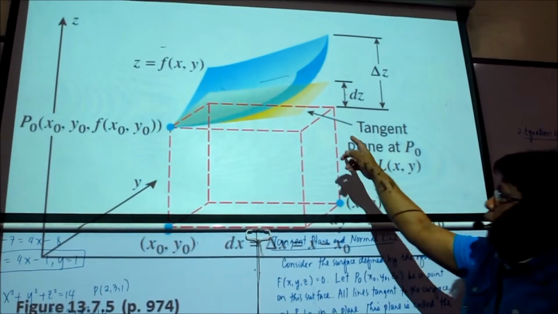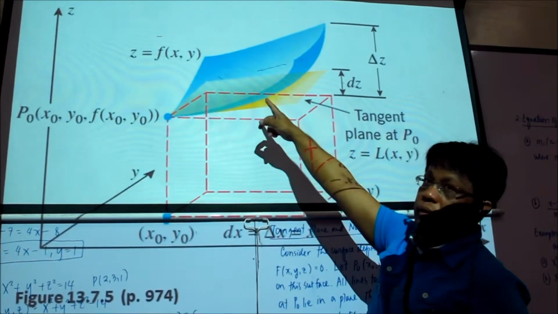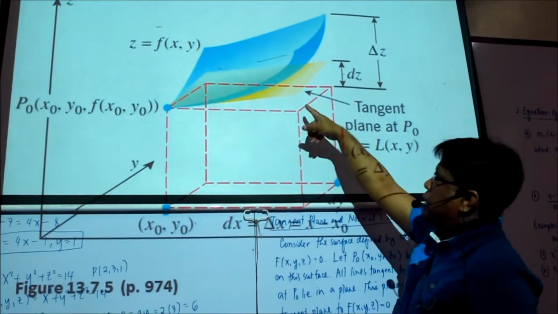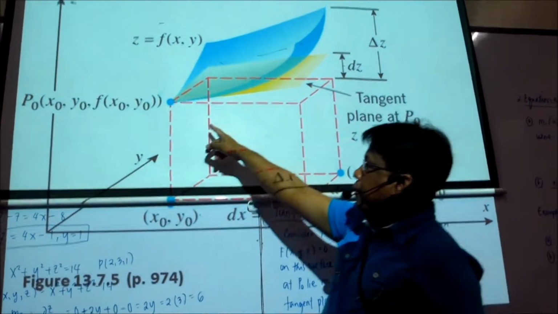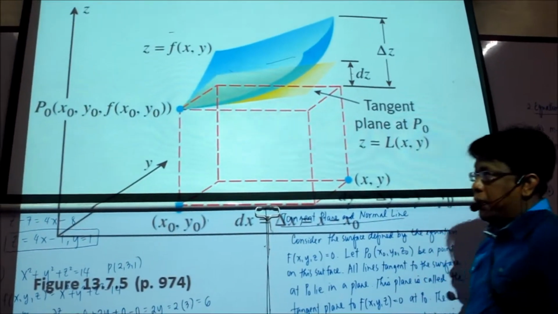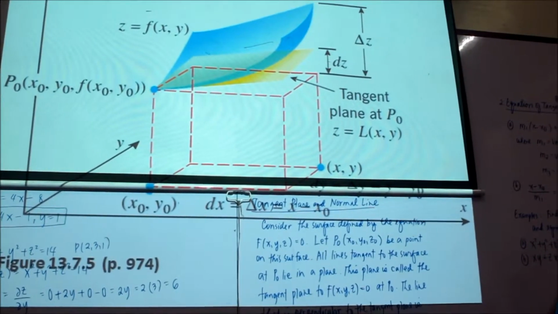So observe the tangent plane here, class, the plane which is tangent to the surface. We call this the tangent plane at the given point, which has coordinates x sub 0, y sub 0, and z sub 0.